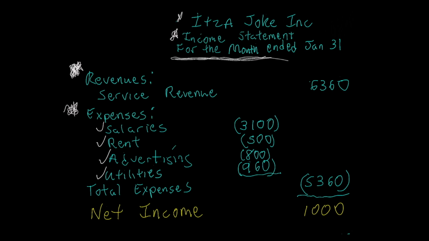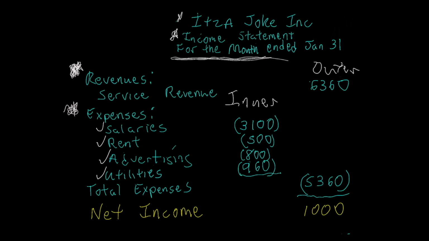Now notice, gang, that we have different columns in here. We have an outer column and we have an inner column. And basically, we use the outer and inner columns because we don't want to overcomplicate the addition and subtraction that's going on in the report. So within this inner column, we're going to just add up all the expenses, okay?